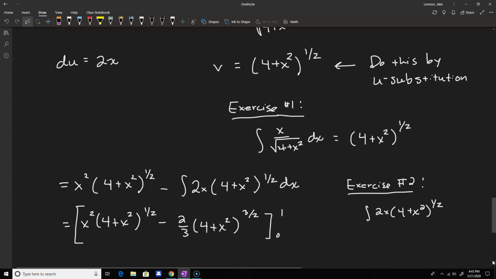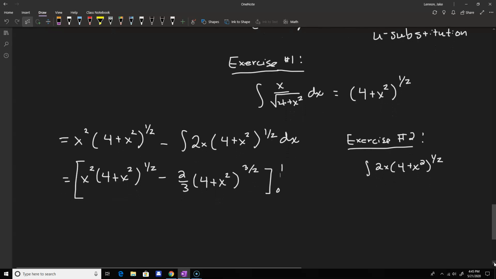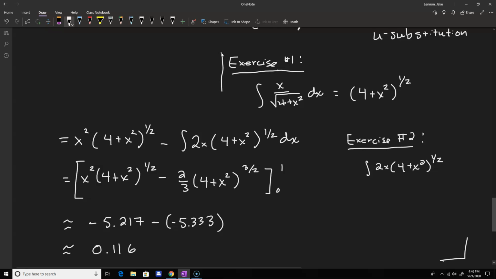If you put each one in your calculator, you end up getting approximately negative 5.217 minus negative 5.333. And this is about 0.116. So that is our answer. Again, there are those two little sub exercises left, but those are not too difficult u substitutions.